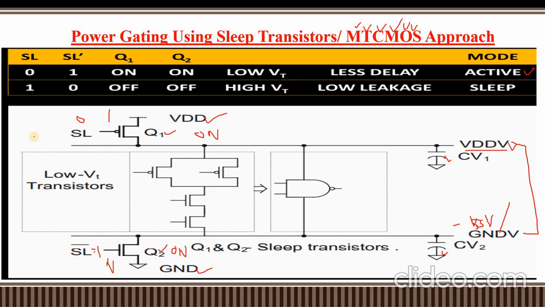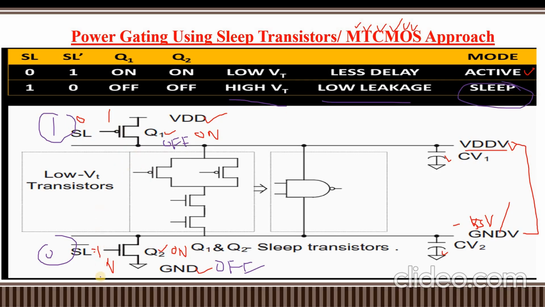If SL is 1, the PMOS will be in off condition, SL bar is 0, and the NMOS will also be in off condition. In off condition there is a high threshold voltage and low leakage, and it works in sleep mode.